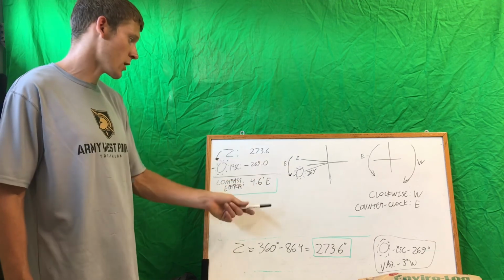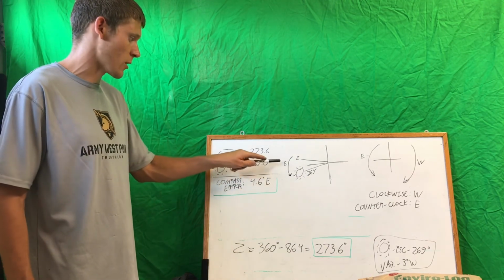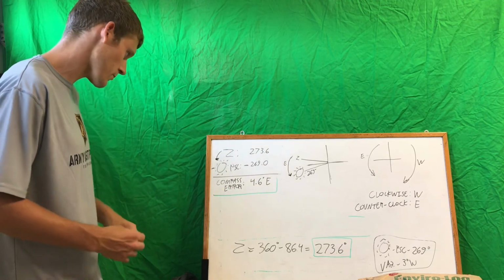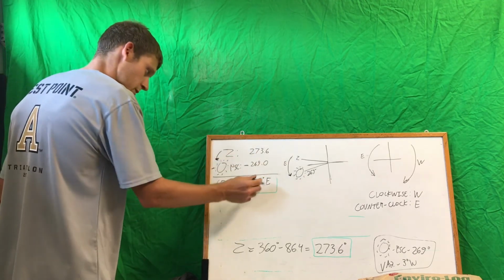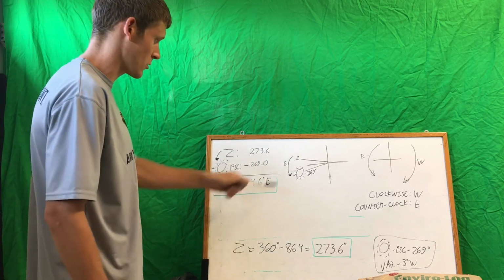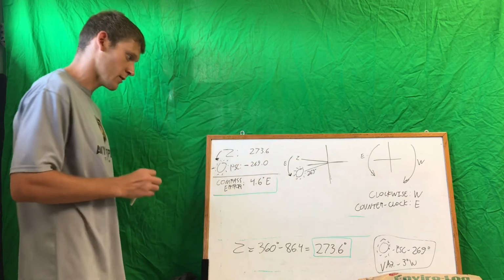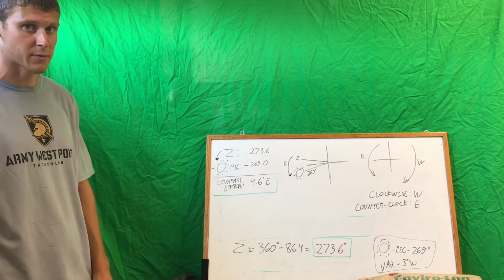So if it's counterclockwise, going from Z to our observation, we know our error is east. The difference was 4.6 degrees, so we know it's 4.6 degrees east is our compass error.